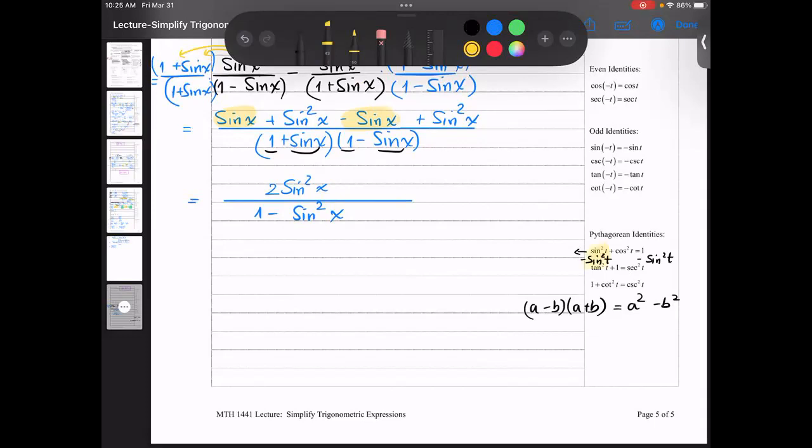What's left? Yeah, cosine squared t equals 1 minus sine squared t. So indeed, the denominator is equal to cosine squared x, because we derived another identity from the Pythagorean identity.